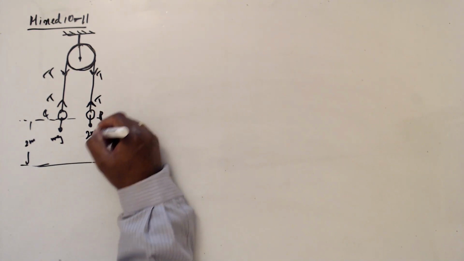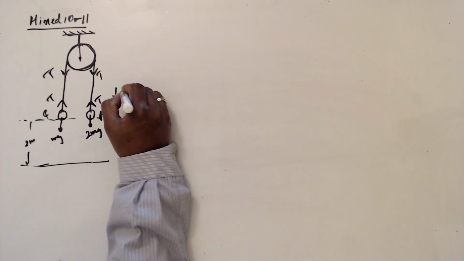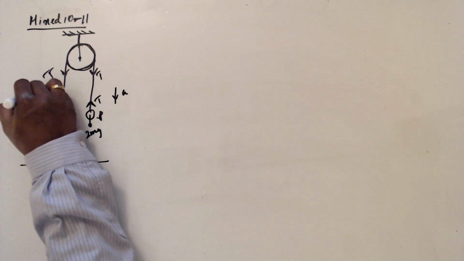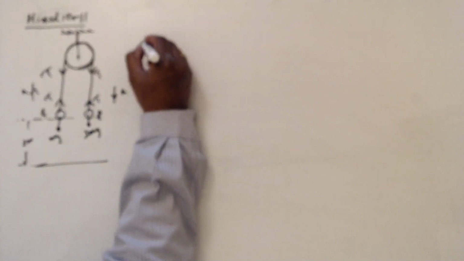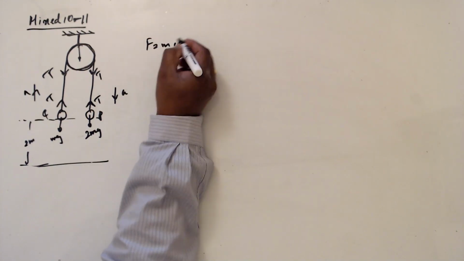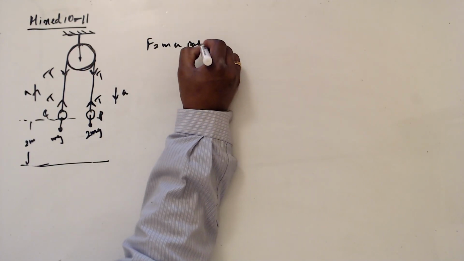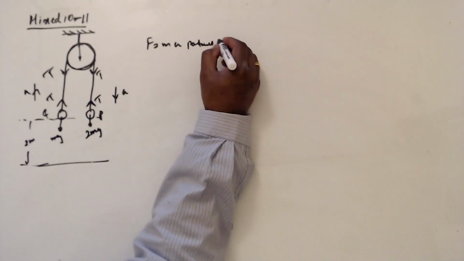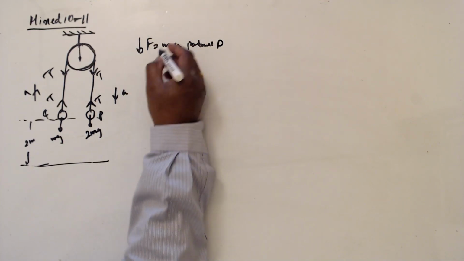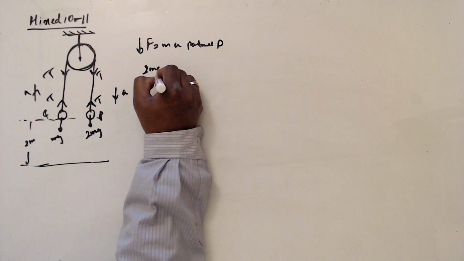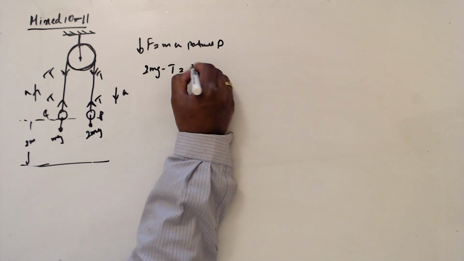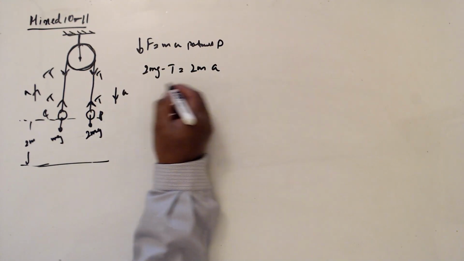If it is released, this is heavy, so it will go down with acceleration a, and the other will go up with a. We put F equals ma for particle P downward: 2mg minus T equals 2m times a.